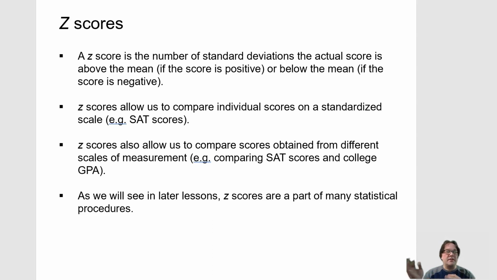Everything after that is going to be based off the same principles of a z-score and the same principles of a normal distribution, even though we might not necessarily be using z-scores or a normal distribution for almost all of these statistical tests that we're going to be doing in this class.